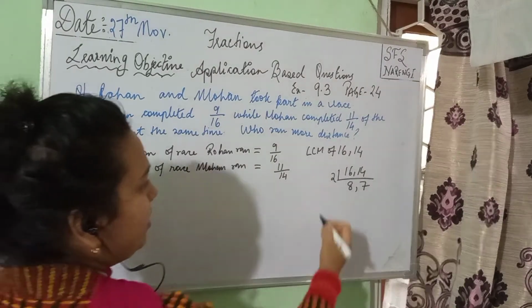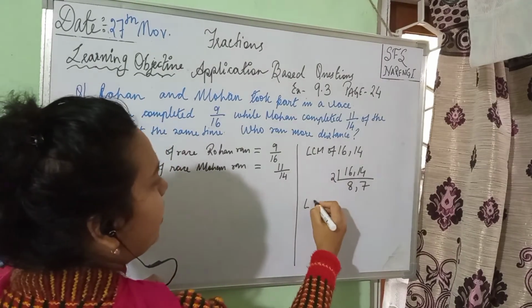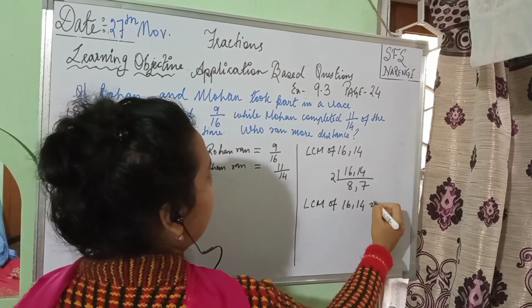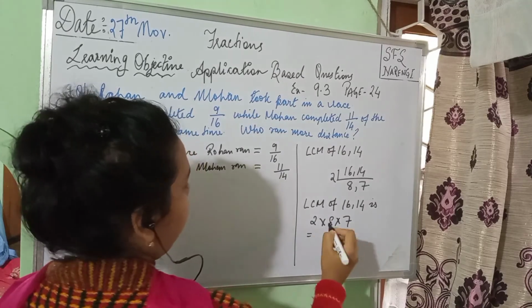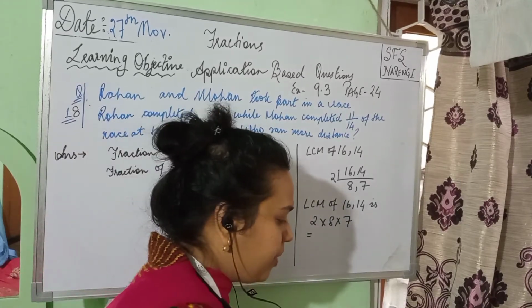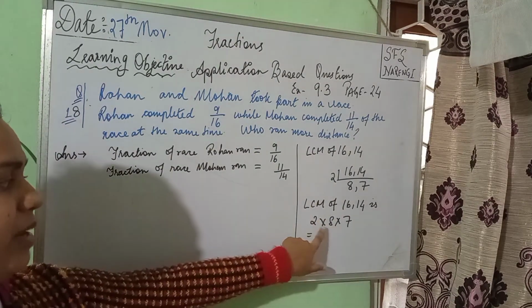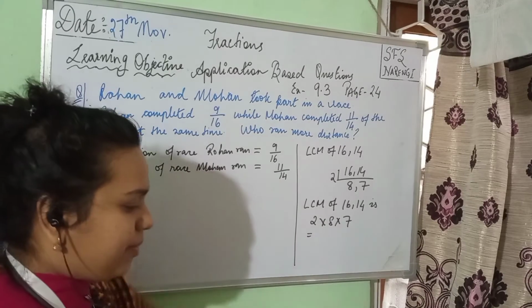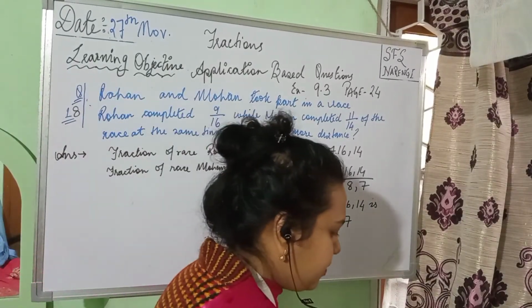So I can say the LCM of 16 and 14 is 2 multiplied by 8 multiplied by 7. If you multiply these terms, 8 multiplied by 2 is 16, and 16 multiplied by 7 is 112.